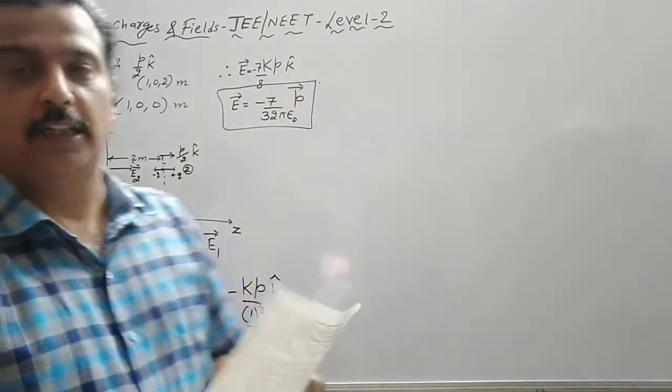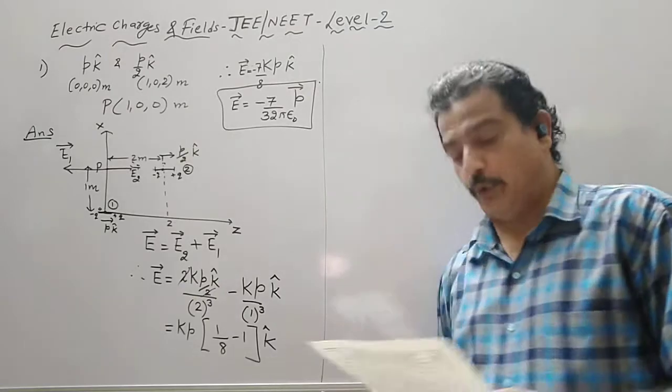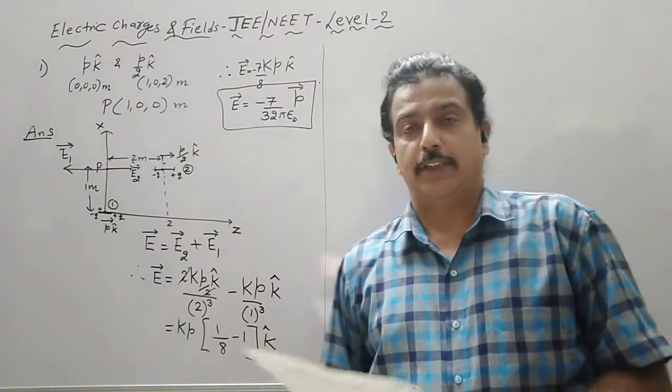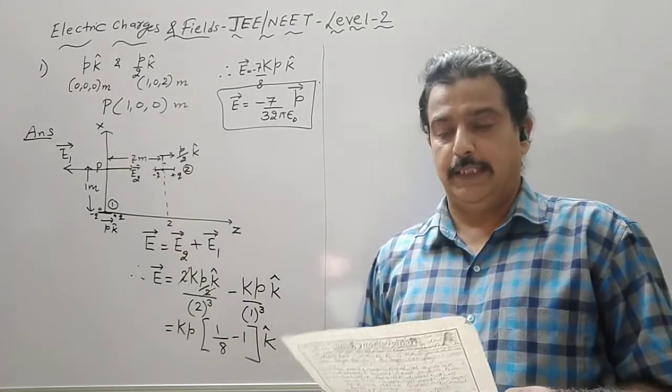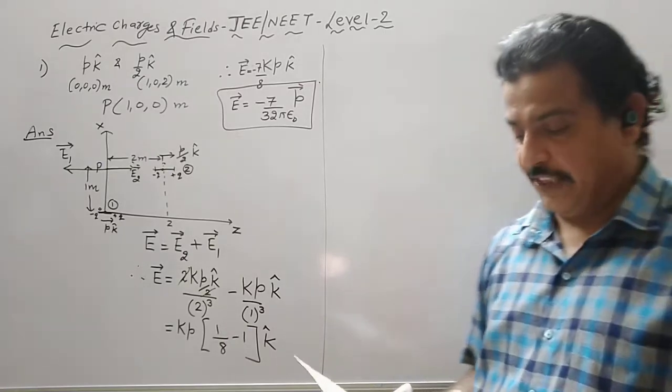So this is the resultant electric field intensity if you have two dipoles, where point P is on the axis of one dipole and on the equatorial line of the other. Second question.